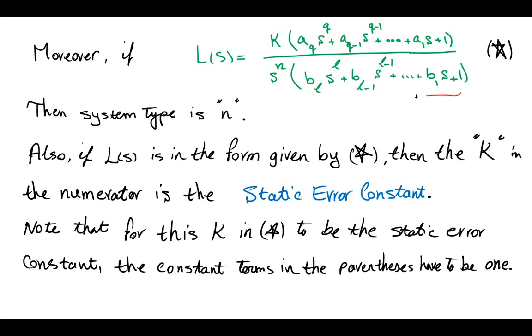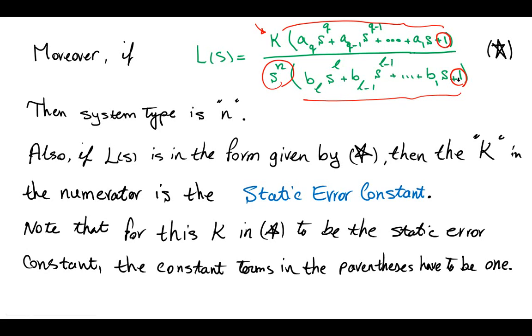See, a polynomial in here, where s to the power of n is factored out, and a polynomial in here, where k is factored out such that the constant terms in the parentheses in the numerator and the denominator are 1.